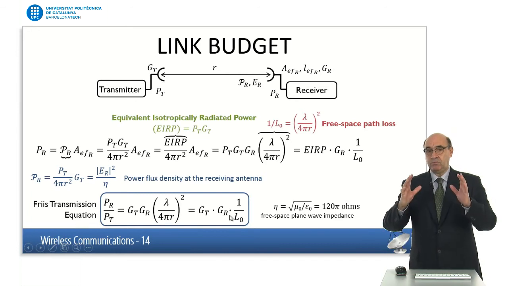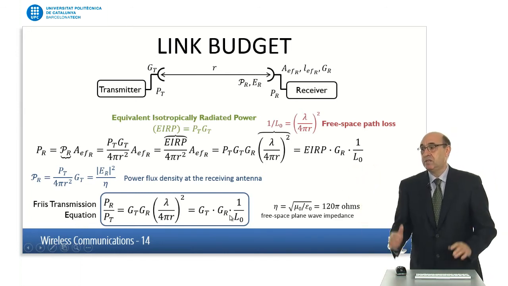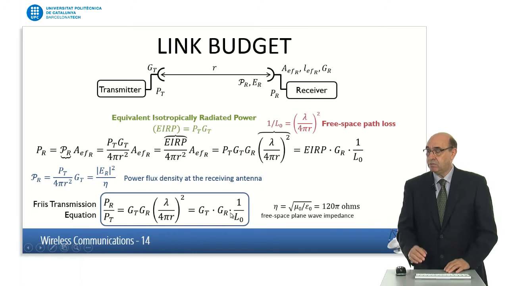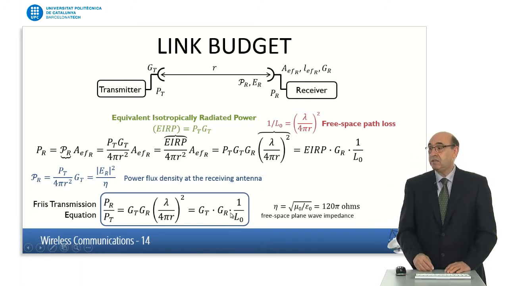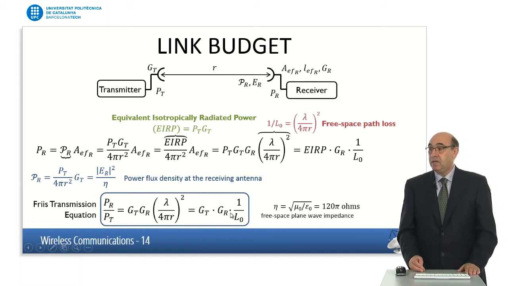Since you try to establish a communication link over a long distance, this term could become quite small. And you have to overcome this space propagation penalty, which is the main parameter limiting wireless communication systems.